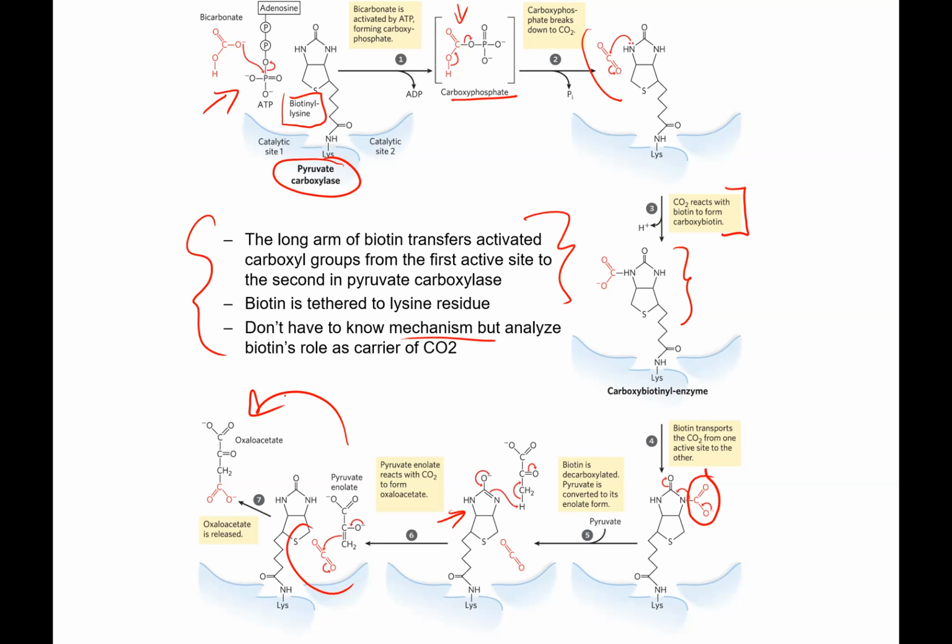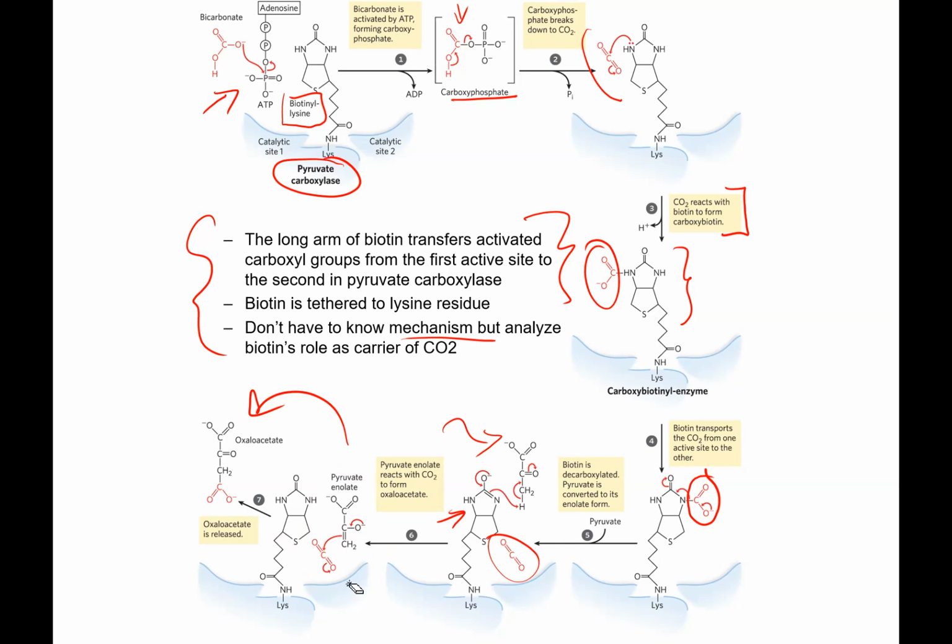Eventually the CO2 does get attached to the pyruvate, which is what the reaction is, right? I mean, we know that's what the reaction has to be. But I find it kind of interesting how the CO2 is getting attached and then released, and then setting up chemistry so that the pyruvate is in a form where it can react with the CO2. Anyway, as I say, you don't need to know this whole mechanism.